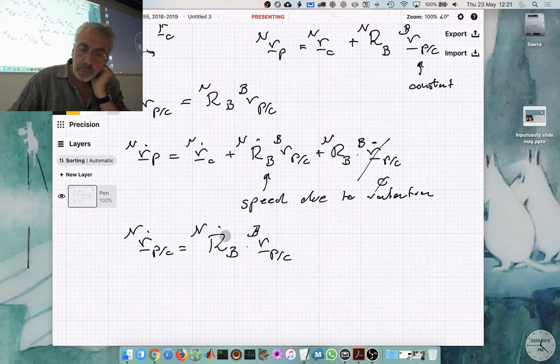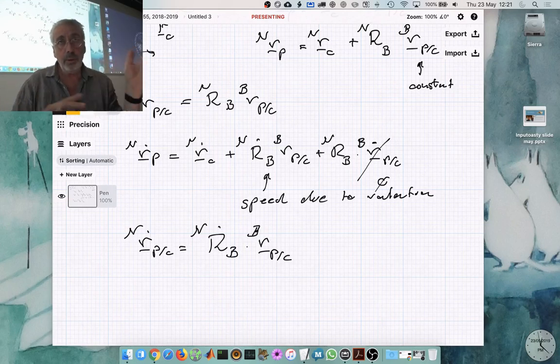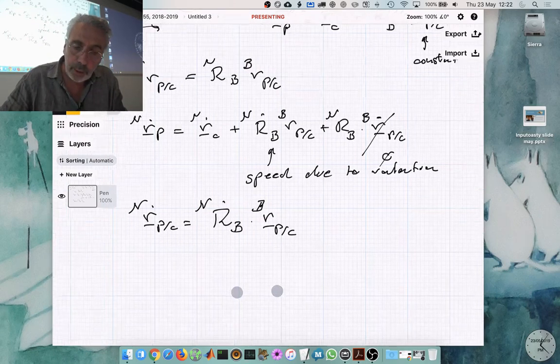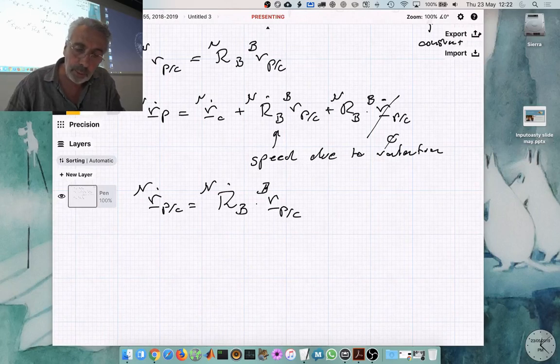Now there is one problem with this one: this vector is expressed in components in the body fixed frame, and this is in components in the space fixed frame. And actually I want to have everything in one frame, because then I can write a vector equation, right? Then I don't have to bother about any coordinate frame. I can do that because I can write this one in terms of the inertial frame.